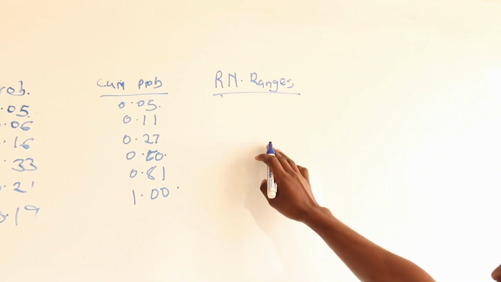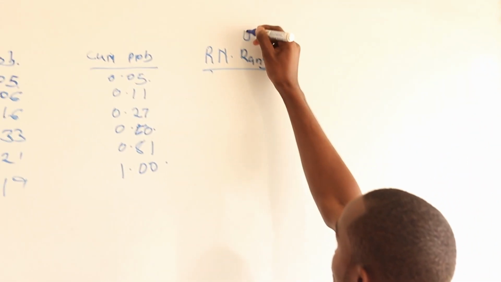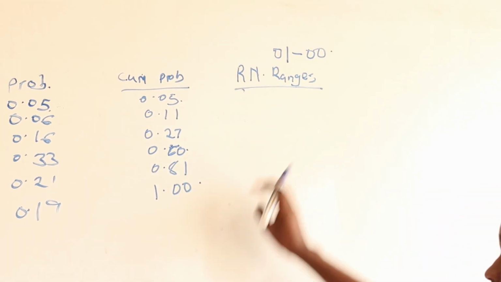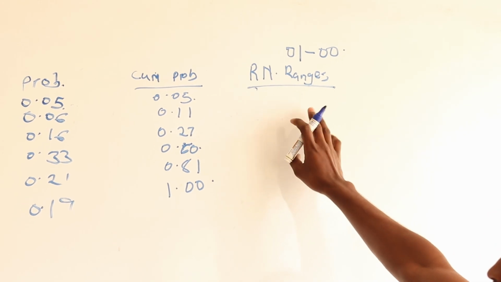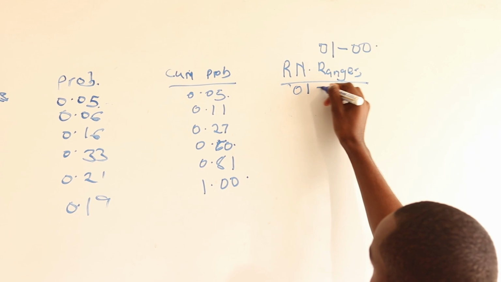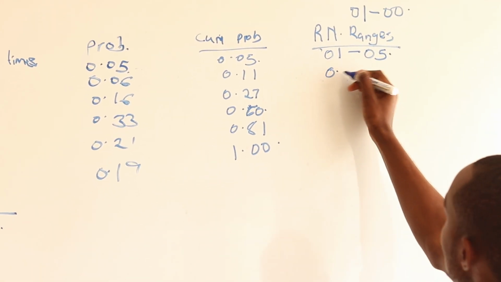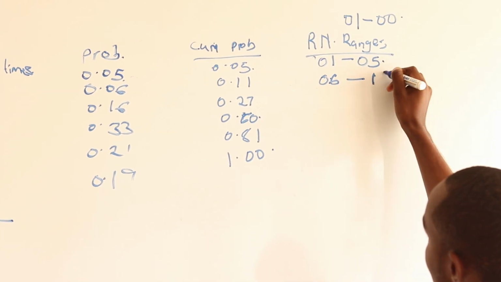For the ranges, in the question, they have told us to start from 01 to 00. So that's the criteria that we use when allocating the random number ranges. So the first one will be 01 to 05. The next will be 06 to 11.